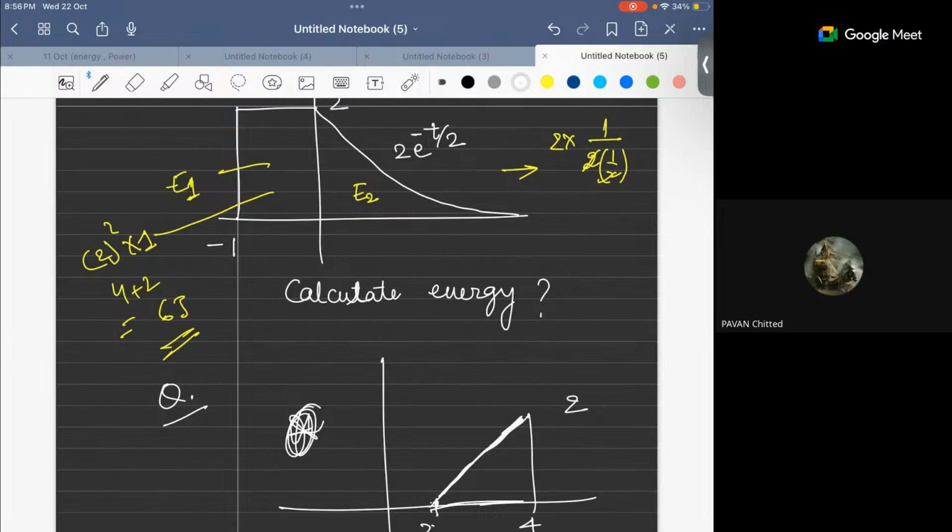So try to solve at least all the graded and practice questions. For example, each has some 10 to 12. If you take 12 as an average, 12 into 4 is 48, into 2, right? 88. Is it 88? No, 96. Okay. So if you solve those questions, you'll be able to cross it.